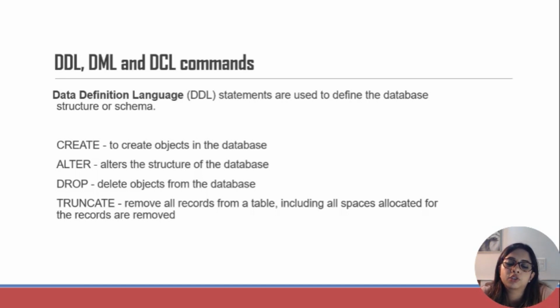Truncate is going to completely remove all the records of the table, so you cannot find that table after truncate. We'll see that difference, but for now understand truncate is yet another DDL statement.